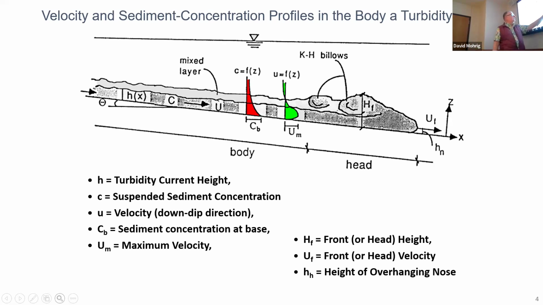It actually forces water up and over it, and that induces mixing here. When you look at the velocity field in the vertical, the velocity goes up like we expect in an open channel flow, but then it reduces and even goes partly negative, because of course you're forcing ambient fluid up and over the flow.